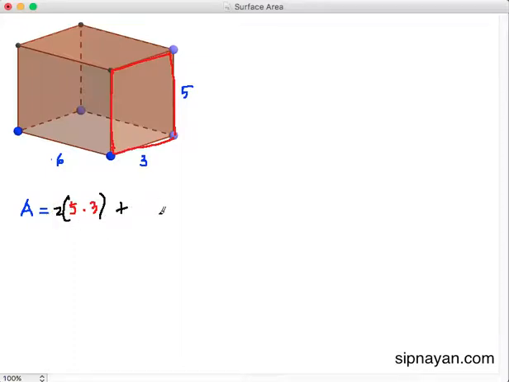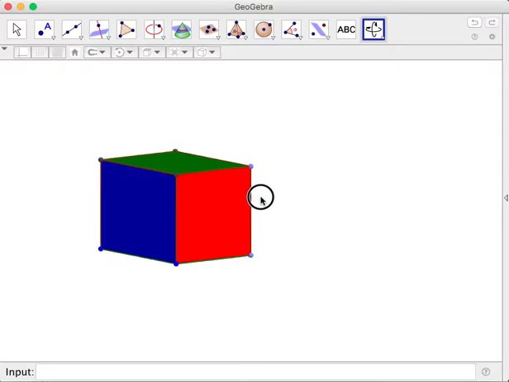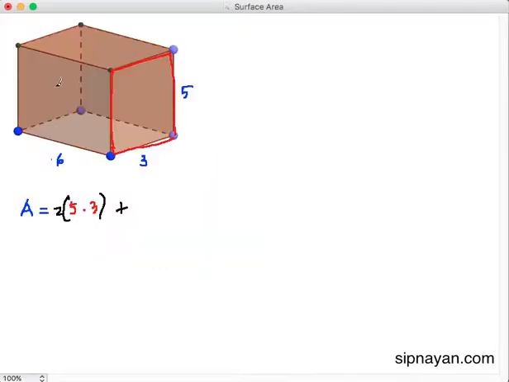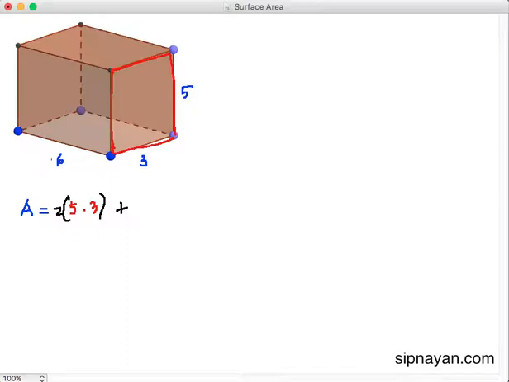And then plus, we also need to look at yung blue part, yung malaking face natin, yung mahaba. I think that's the largest face. So, this is the blue part.